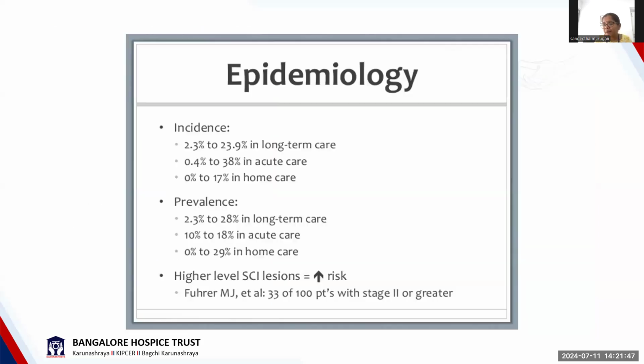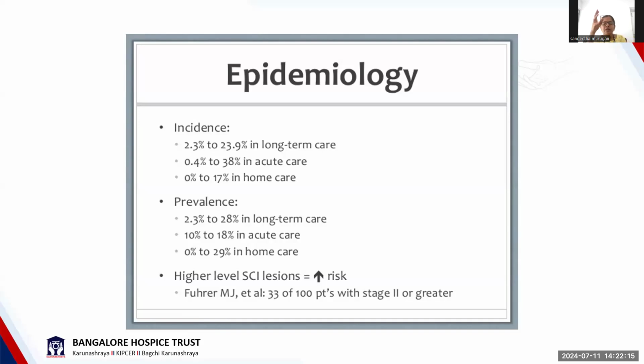If you look into the epidemiology, there are a lot of progressive technologies and successful clinical research in terms of prevention and treatment of pressure ulcers. But the incidence shows 7 to 71%, and the prevalence shows 8 to 53%, considerably high mortality. If you look at long-term care, that is our overall incidence.